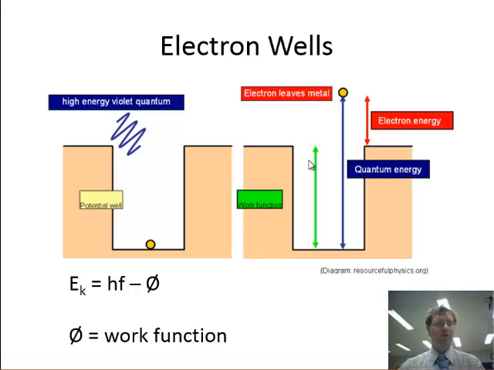So we have two formulae here. The kinetic energy of the electron when it escapes is equal to the total energy of the quantum of light as it entered, that's Planck's constant multiplied by the frequency, minus what's known as the work function, and that's the amount of energy required for the electron to escape what we consider as an electron well.